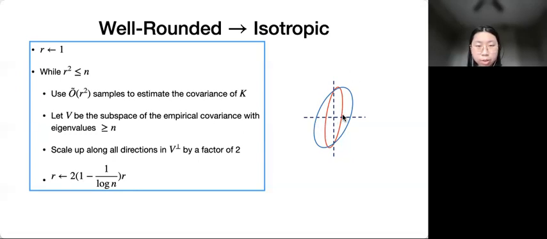So like in this picture, this ellipse is K, and V is the subspace in this direction, so it has large eigenvalues.